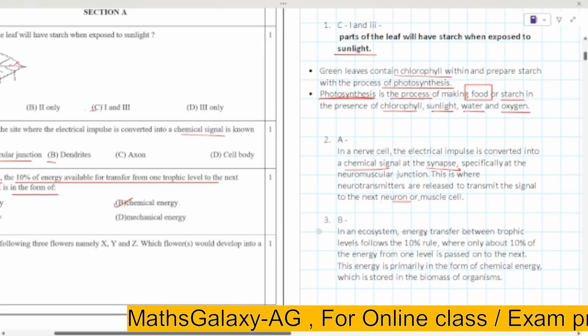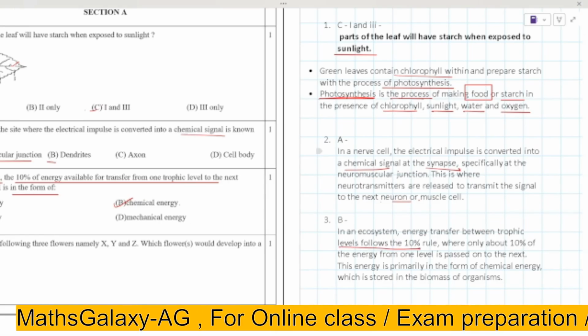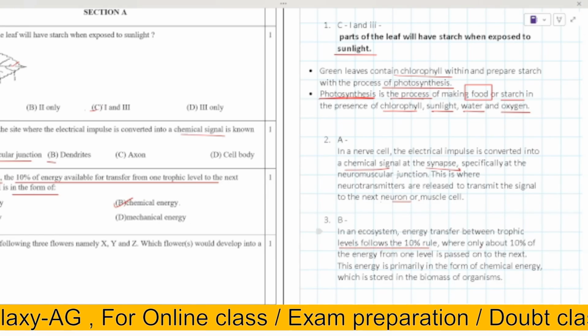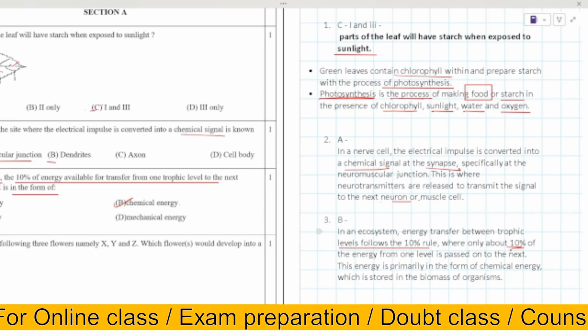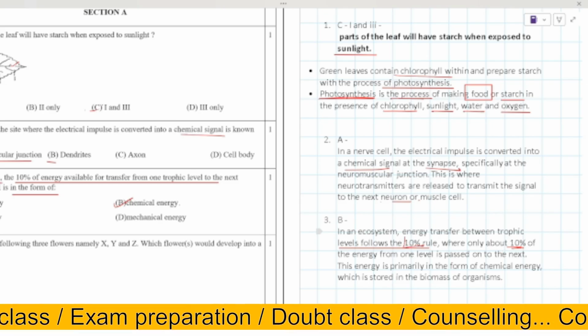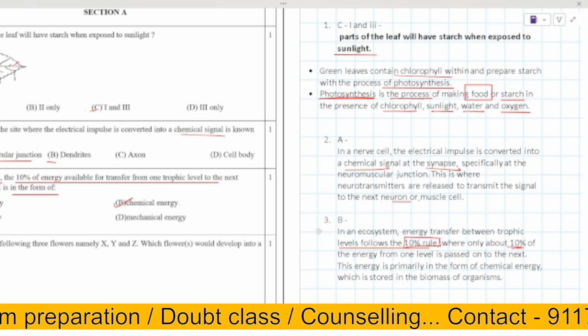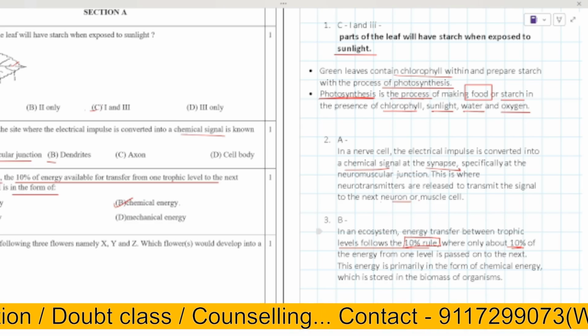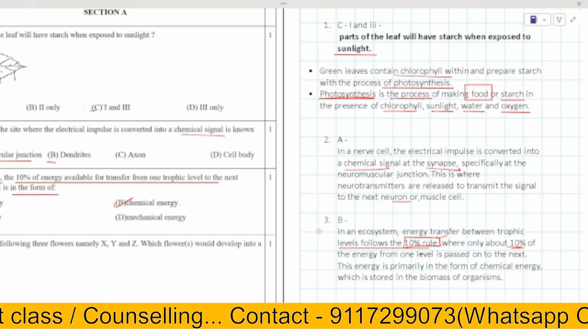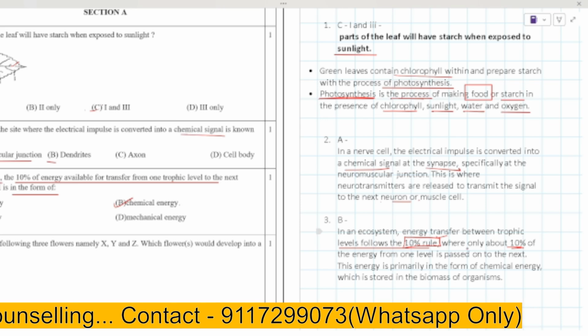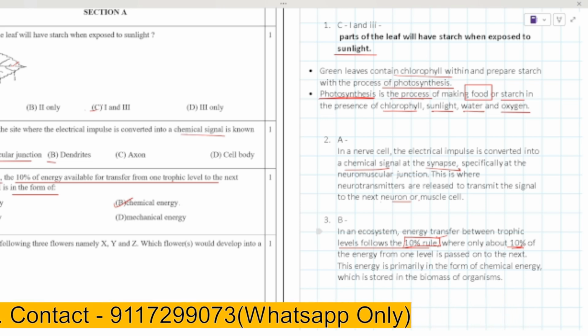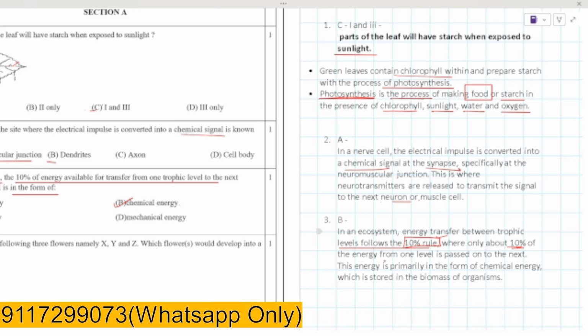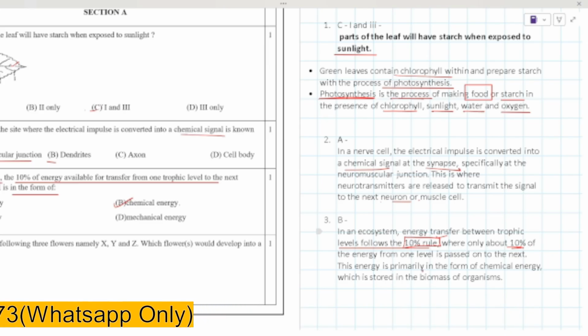Okay. Now let's see here. Ecosystem energy transfer between trophic levels follows the 10% rule, where only about 10% of the energy from one level is passed to the next.